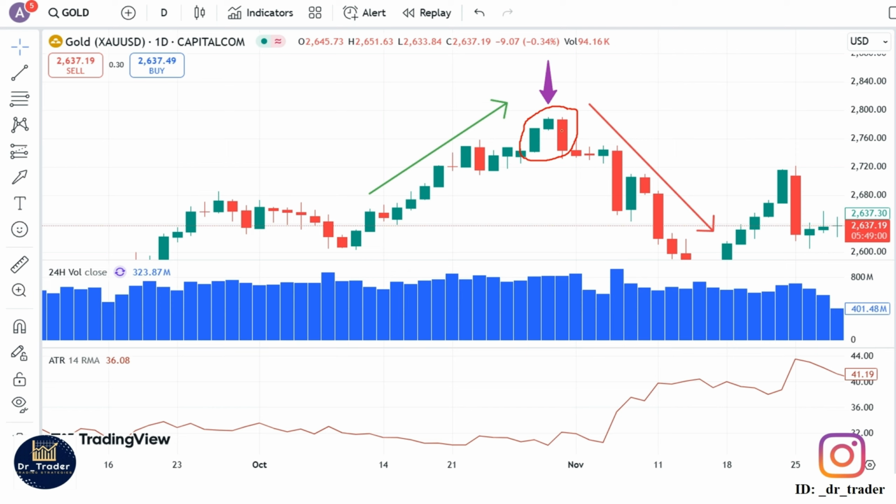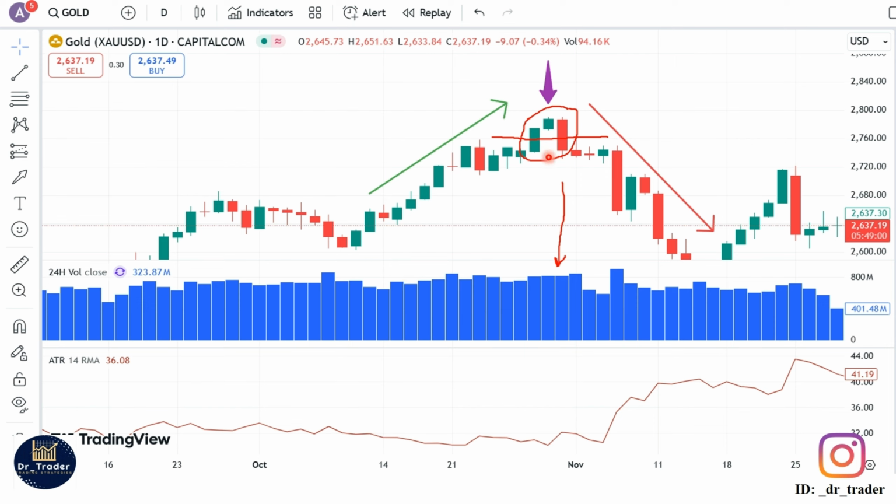And also the red candlestick, if this is the midpoint of green candlestick, you can see that the closing price of the red candlestick is too much lower than the midpoint of green candlestick, and it proves that this pattern is so strong. And also we should check the volume condition, and we can see that this is the volume of red candlestick, and the volumes are approximately similar, and it is okay.